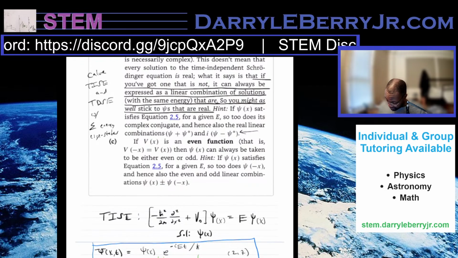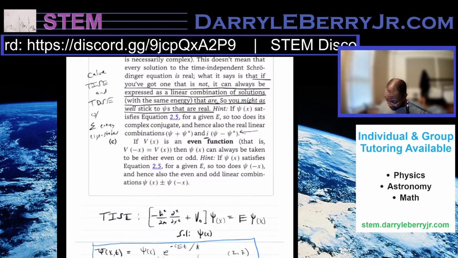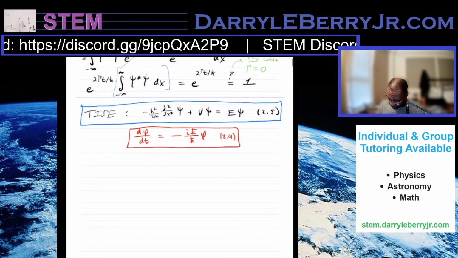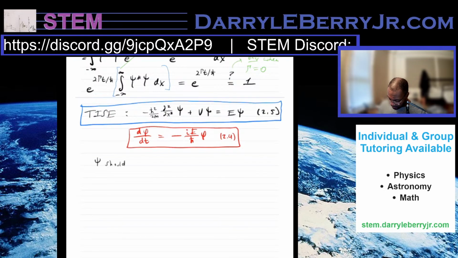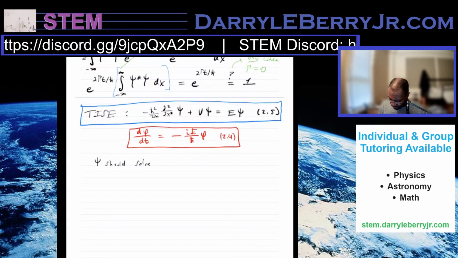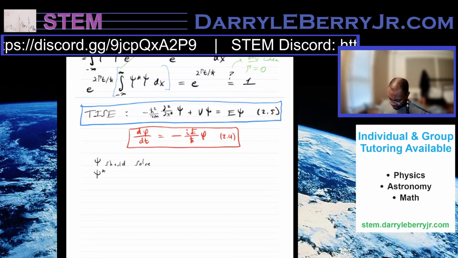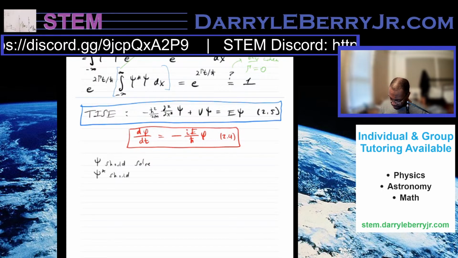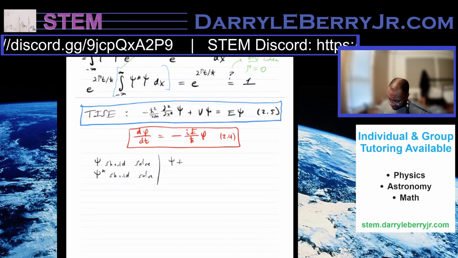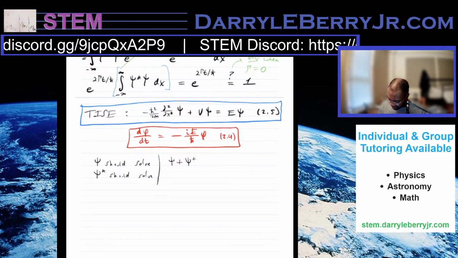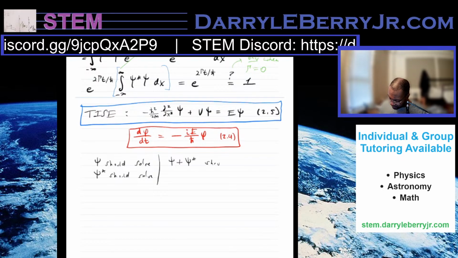I do notice that there's an i in front of that one. So psi should solve it. Psi complex conjugate should solve it. Psi plus complex conjugate should solve it.